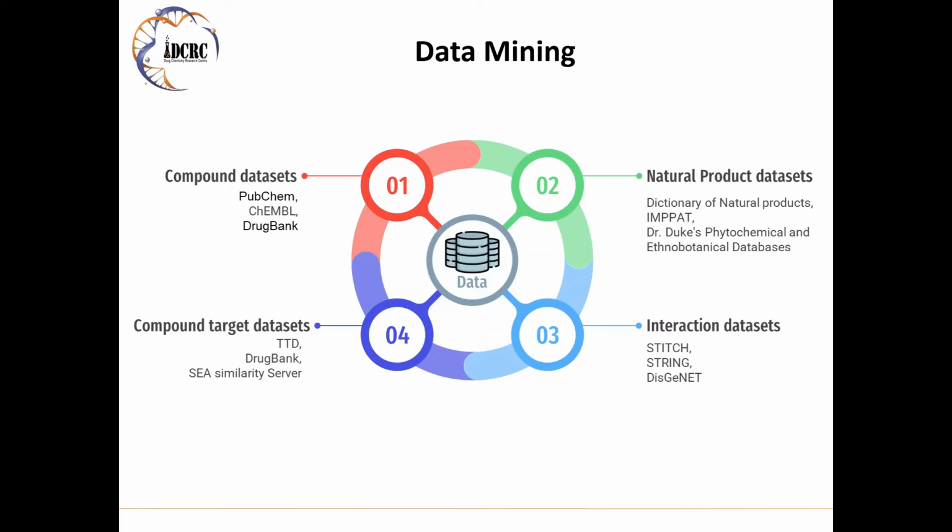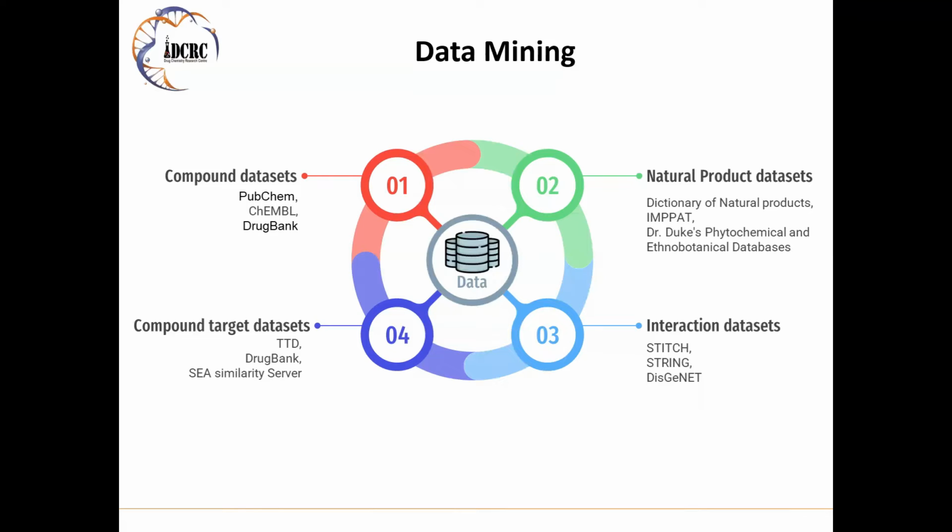When we want to deal with particular plants, we look for a data set which deals particularly with natural products. In that case, we can get information such as the phytoconstituents present in a particular plant and their chemical structure from these natural product databases.